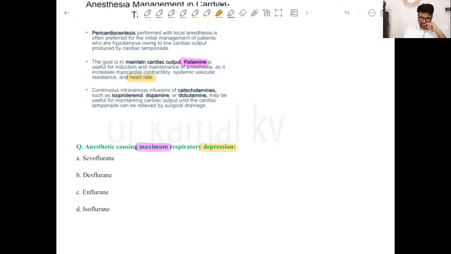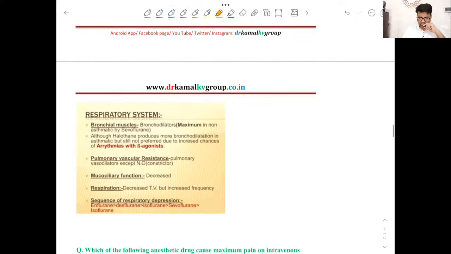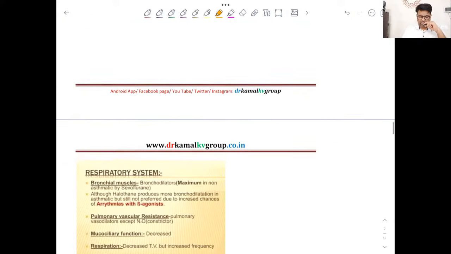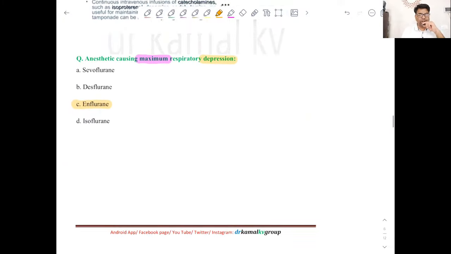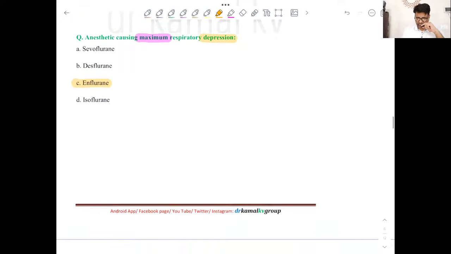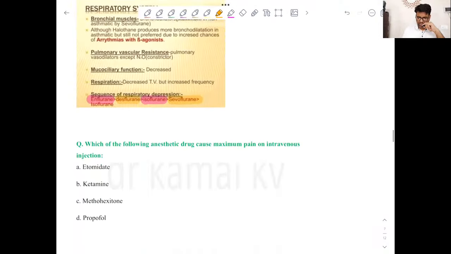Okay, for this I think it's better you remember enflurane, right? So there is a sequence also, like enflurane followed by desflurane followed by isoflurane, then sevoflurane, right? So that is the sequence here. So please remember enflurane for maximum respiratory depression, right?